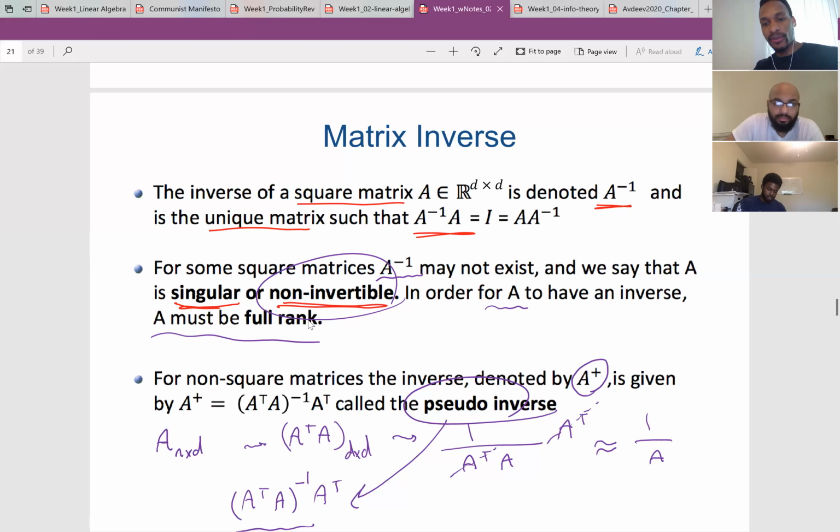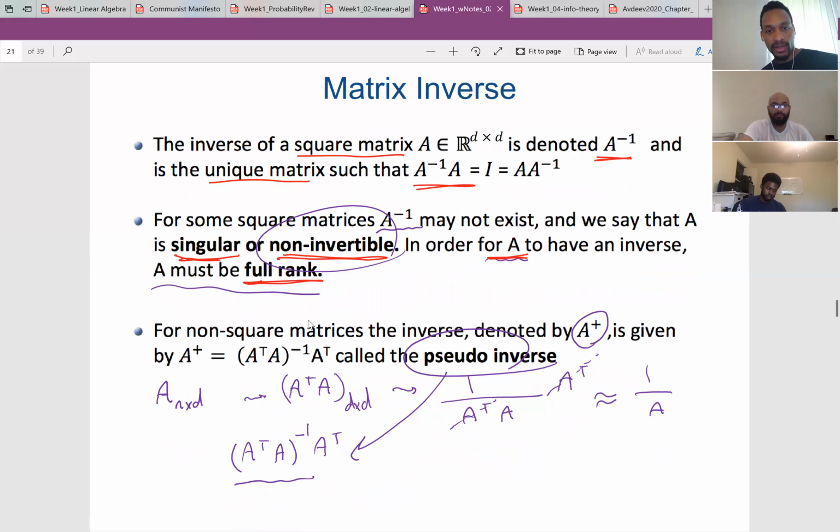And so in order for A to have an inverse, it must be full rank, i.e., all the vectors in it are linearly independent. Okay, and it must be square. So it must be square and must have full rank to be invertible.